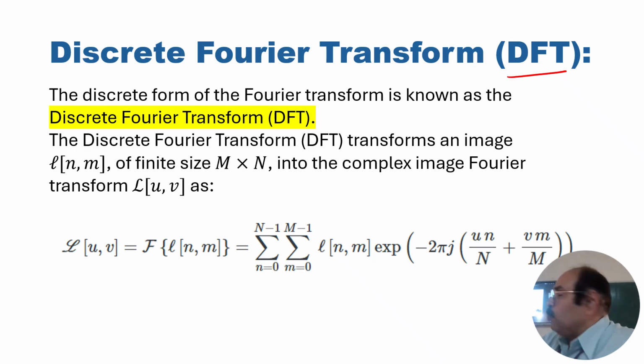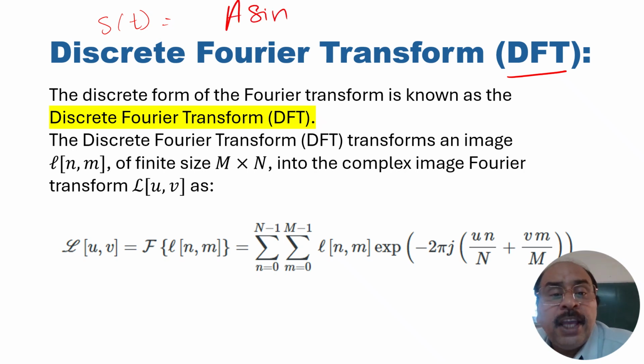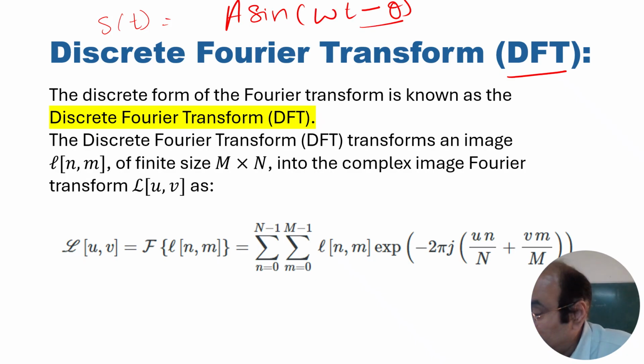See, a continuous waveform is represented by S of t. Here I'll write it as S of t is equal to A sine omega t minus theta or something like that. Okay, this is a continuous signal.